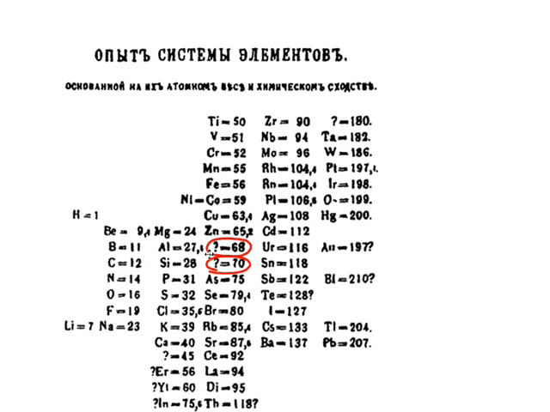Based on the way that he had them organized, he felt that there were elements missing at those 2 places. And he was able to predict the properties that those elements might have. And sure enough, after a few years, those elements were discovered, and they corresponded very closely to the properties that he predicted for them.